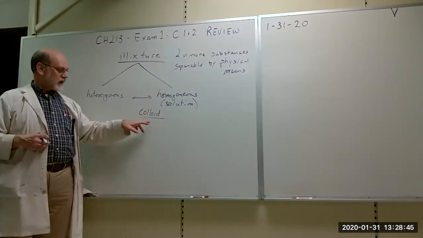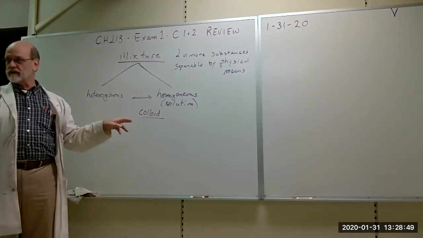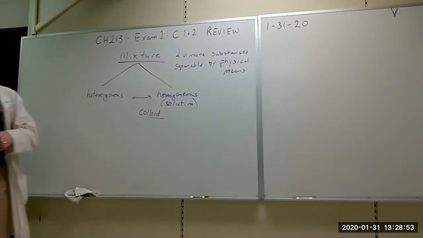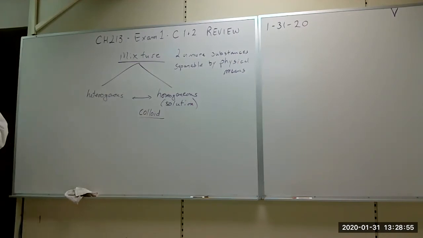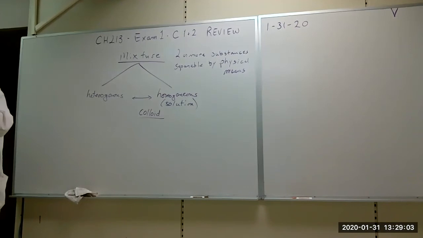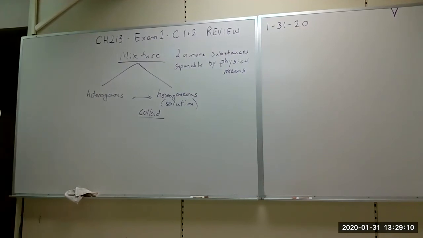But in a colloid, they're suspended because of the particle size, very, very, very small. So has anybody heard about Brownian motion? Have you had any biology courses that talk about Brownian motion? If you look at really small particles, a good example, smoke. You have smoke particles in water.